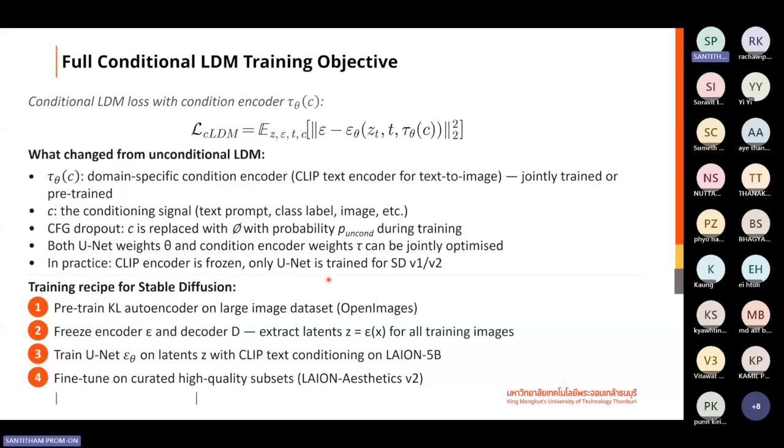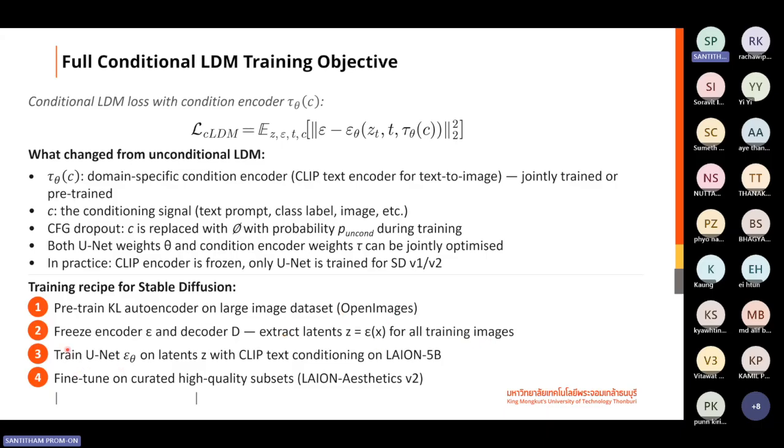The training process is done by first pre-training the encoder using unstructured data. Then freeze the encoder and decoder, and extract the latent of our training images.